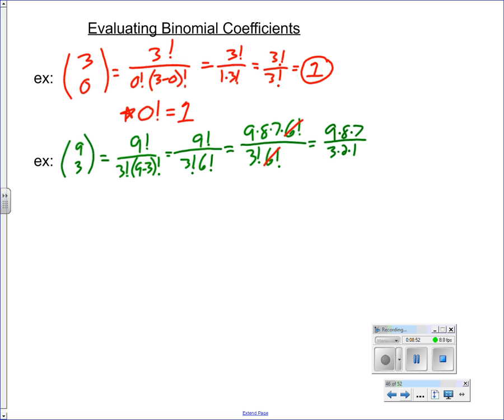And some more cancellation. 9 over 3 is 3 over 1. 8 over 2 is 4 over 1. So I just have 3 times 4 times 7 left over. That's 12 times 7, which is 84.